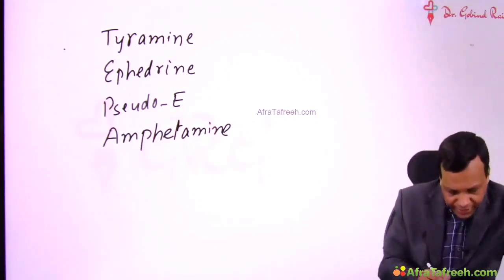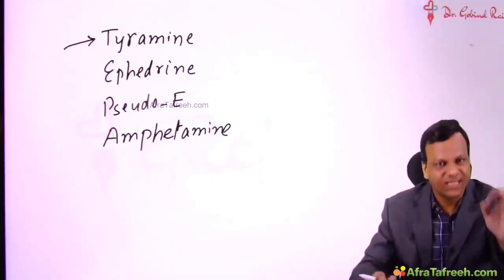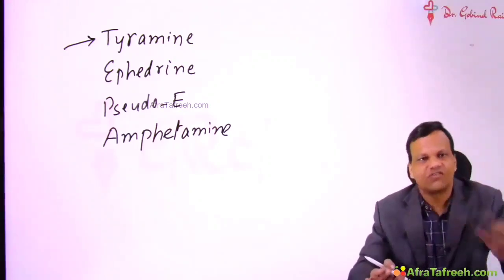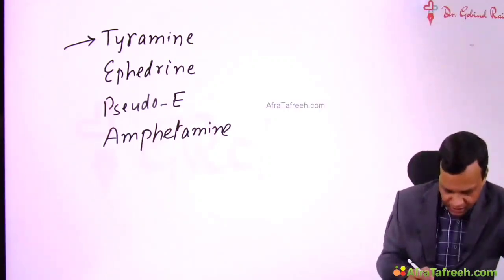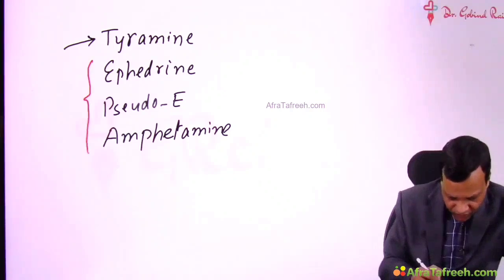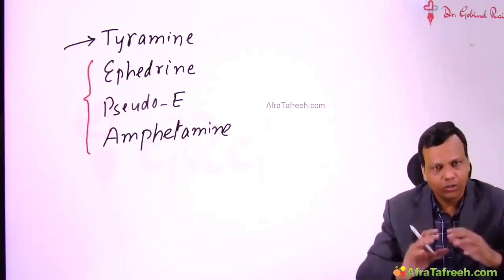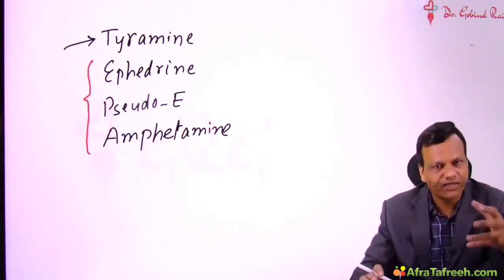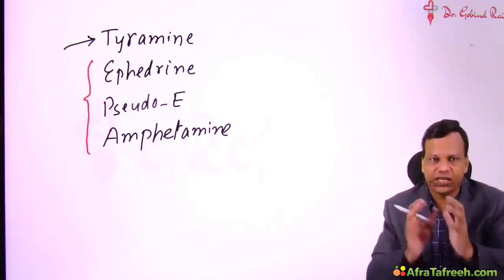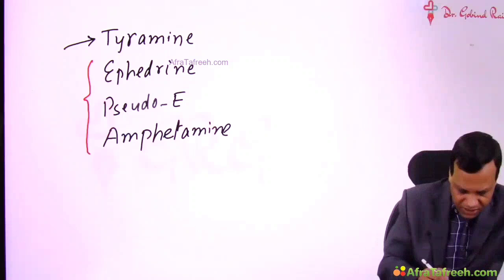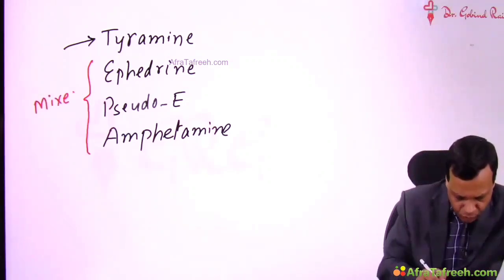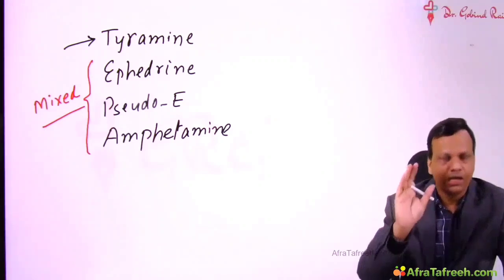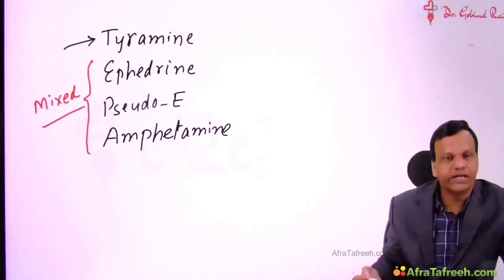Out of these, tyramine acts by displacement only, this indirect action, it causes displacement of noradrenaline, whereas the other 3 drugs, ephedrine, pseudoephedrine and amphetamines, although they also cause a displacement, that means indirect effect is there, but after some time when they come in the synapse, they can also act on the receptors, means they have mixed action, they have both direct effect as well as indirect effect. Clear?